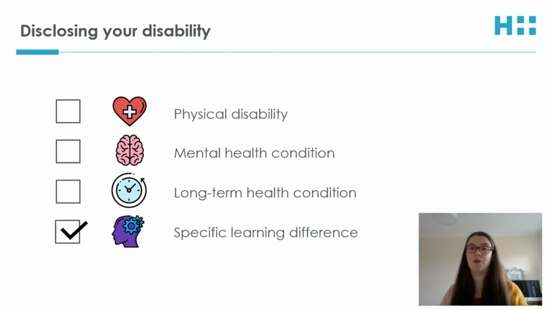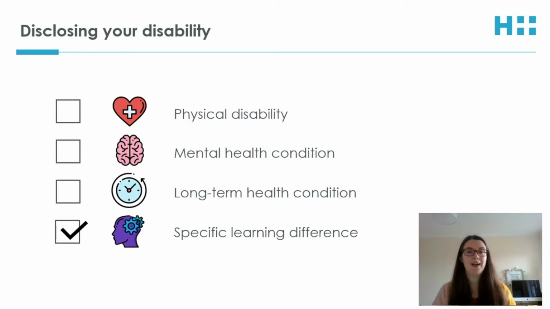It's important to note that you really don't have to do this. It's only if you want to. If you do disclose a disability, it will help your university put the support in place that you might need, and you'll be able to access more services. You may also be eligible for disabled students allowances, which is extra money that you don't need to pay back, and we'll talk about that in a moment.